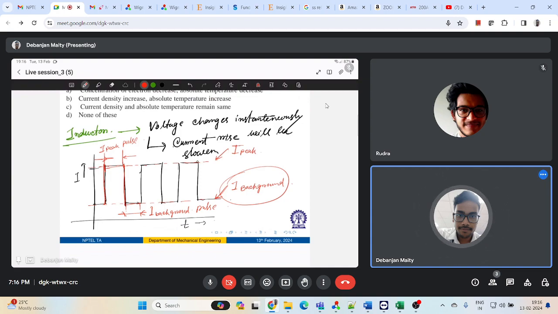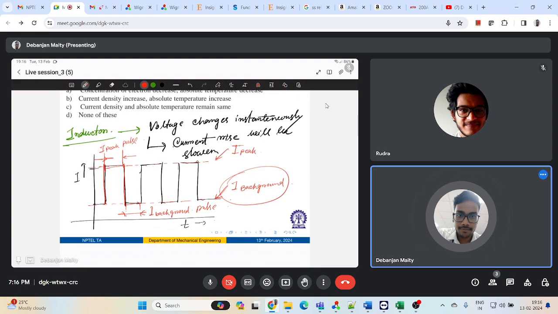For a DC pulse mode power supply, you will always have some background current keeping your arc ignited, and it is set in such a fashion that your weld pool will remain in molten state at that point of time, right? And your peak pulse current is based on the requirement of your transition current. That's how it works.